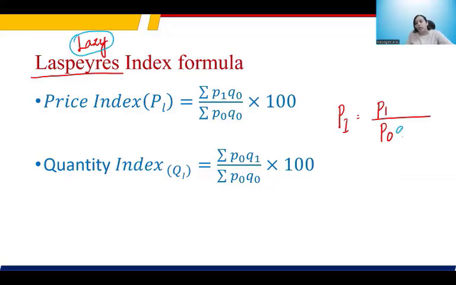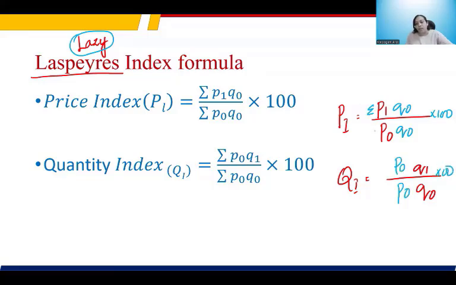The person does not update the quantity, multiplied by 100. Quantity index, Q naught to Q1. The method is lazy Laspeyres. The person does not update the quantity, multiplied by 100. Add summation in front of the price. You have your formula. Isn't it easy? Yes, it is. Pause the video and write the formula on your own.